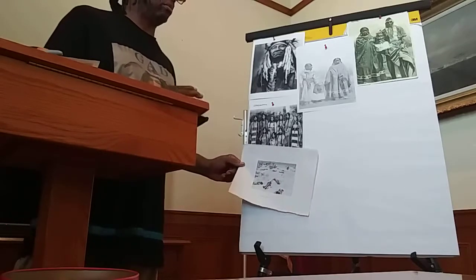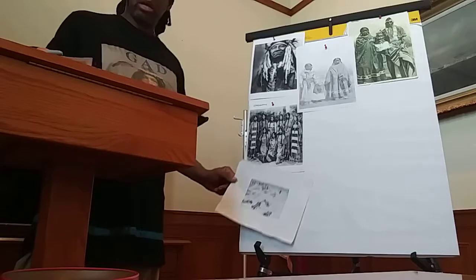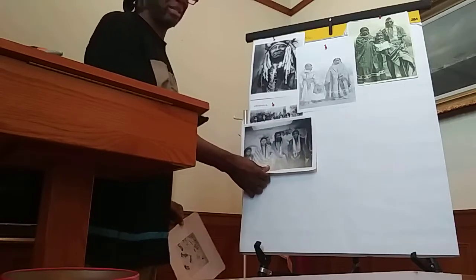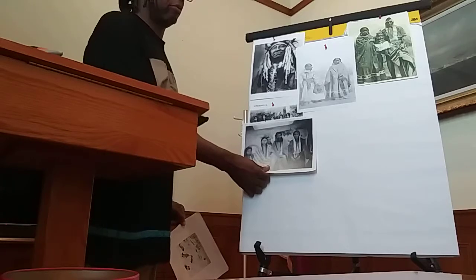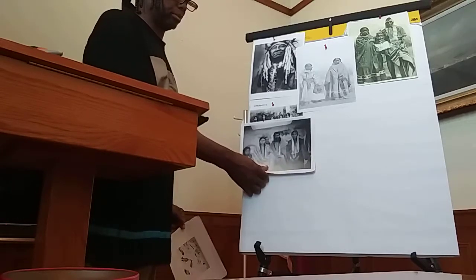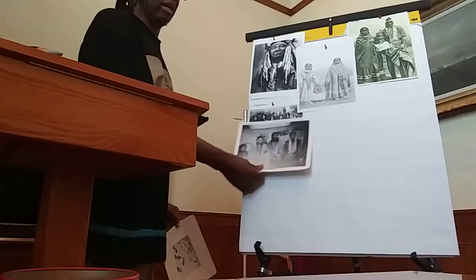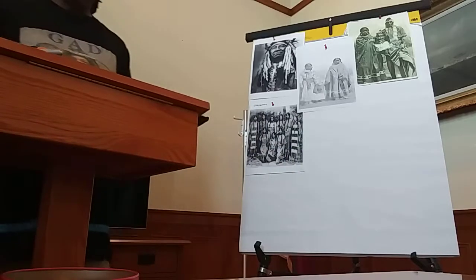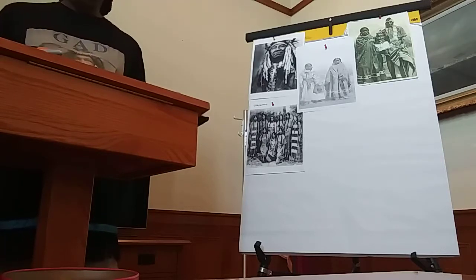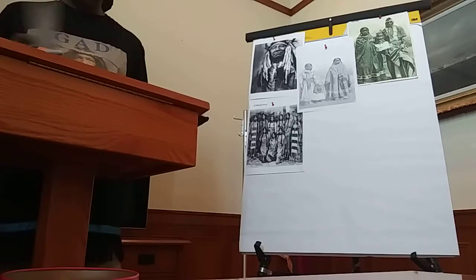So they did everything they could. They spent millions and billions of dollars to hide the fact that the Negroid and the Mongoloid coexisted before the white man got here. They coexisted. They didn't fight. They will always tell you that, well, the Native Americans had Negroid slaves.